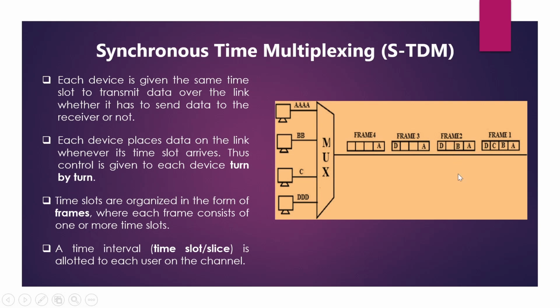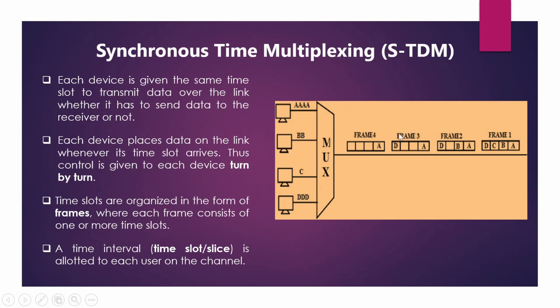Here you will have to remember, as we already discussed, that the time slot is reserved whether or not some source is sending or receiving data. So you will have this slot blank. That means C hasn't sent or received data, right?